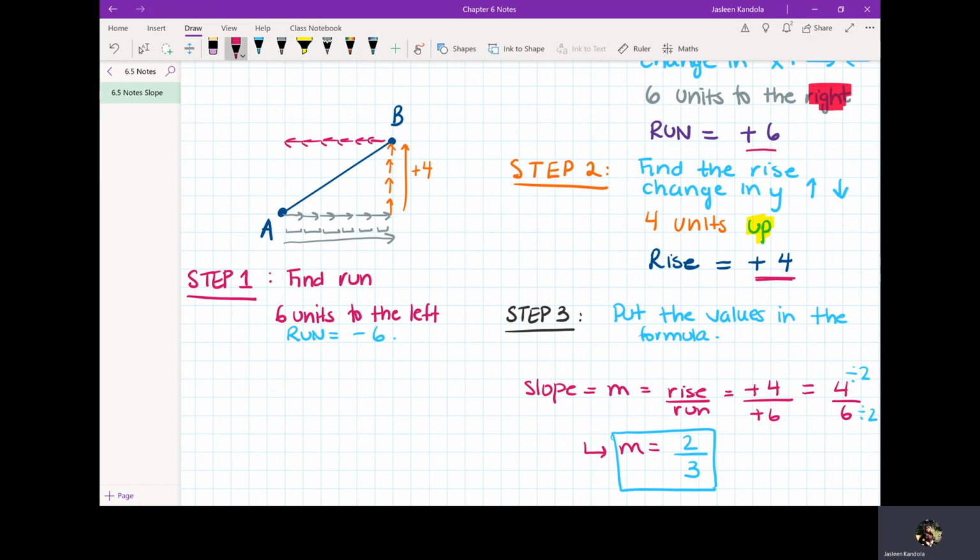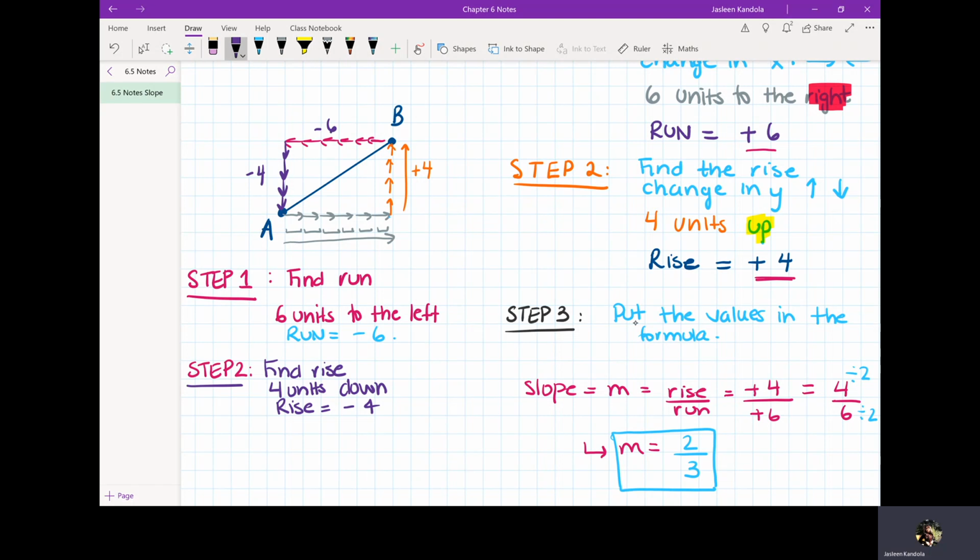All right, now step 2. We need to find rise. Rise is going down or up. So from here we will go down. 1, 2, 3, 4. So I went 4 units down, and since I went down, that is -4.